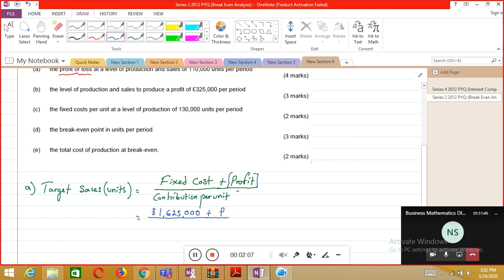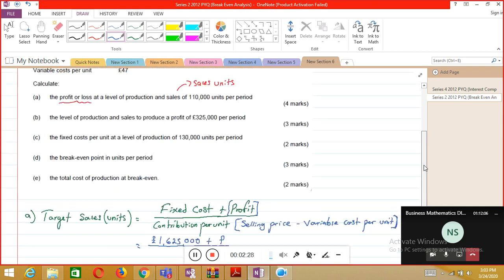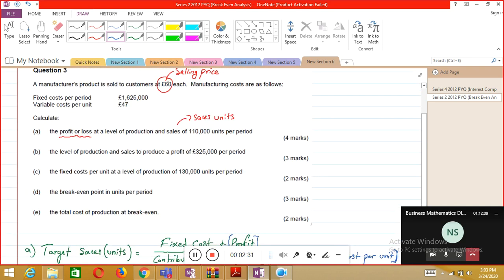Over contribution per unit. Now how do you find contribution per unit? You take your selling price minus your variable cost per unit. So your selling price is 60 and your variable cost is 47.